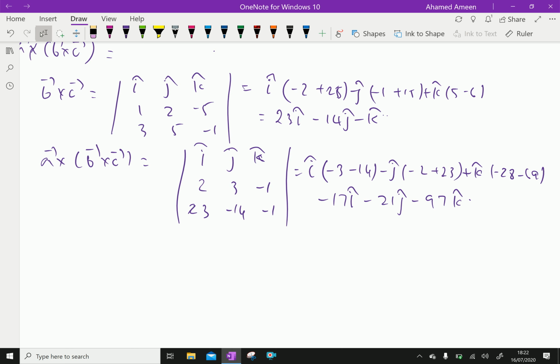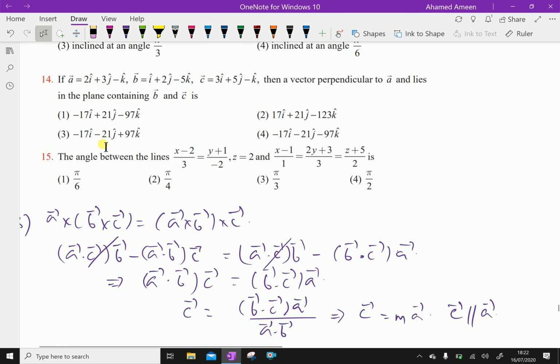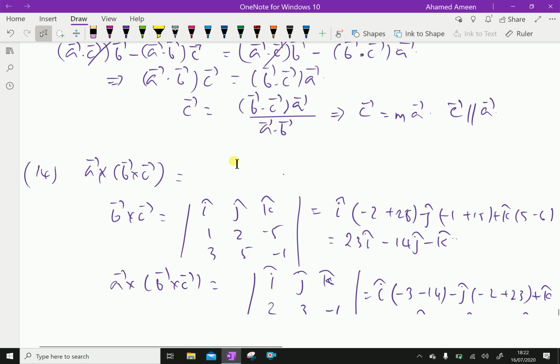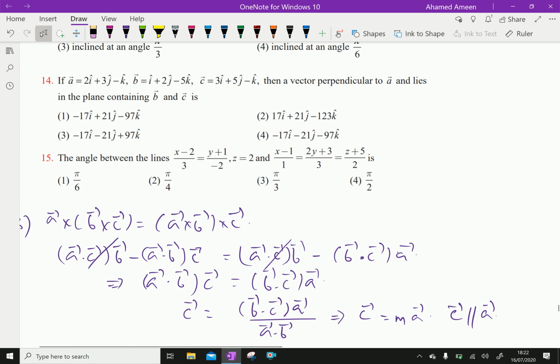Look at this option. The 14th is option 4, minus 17i minus 21j minus 97k.